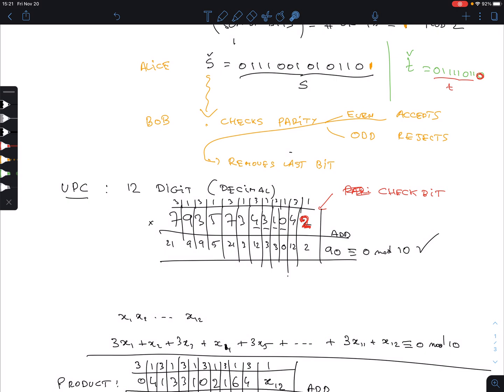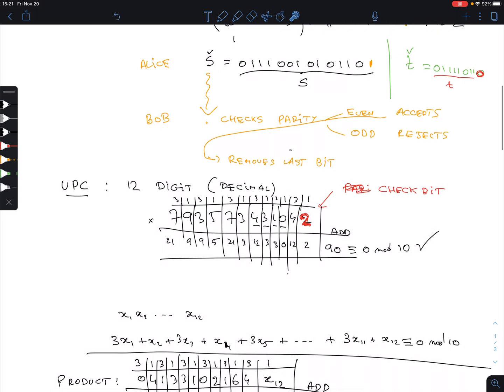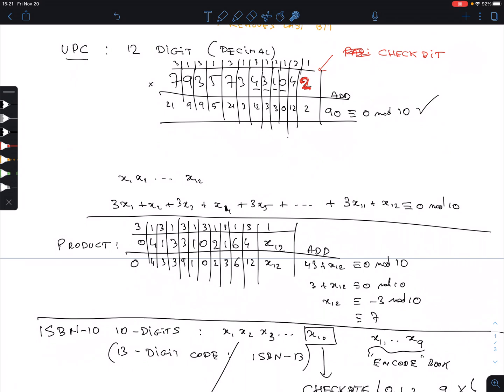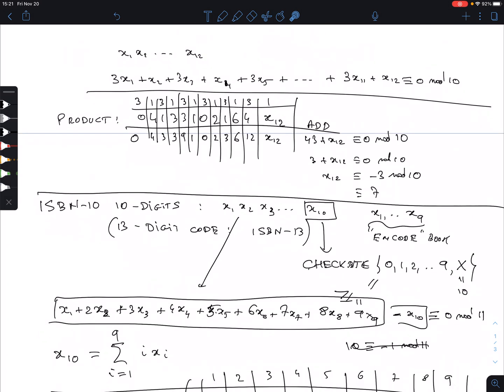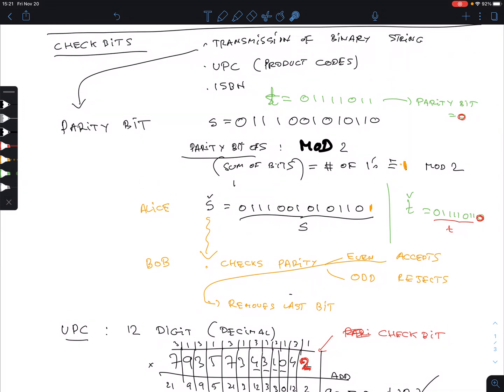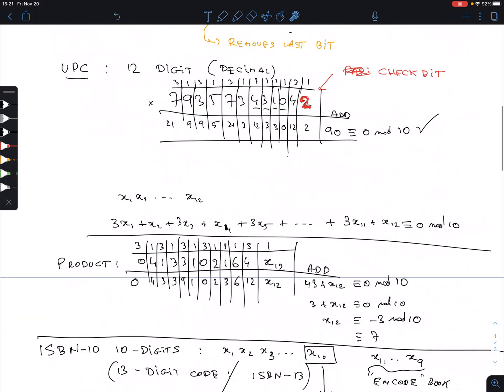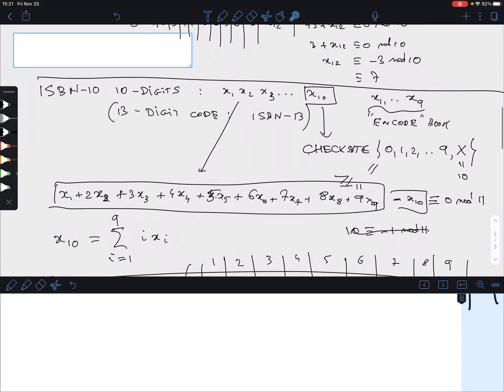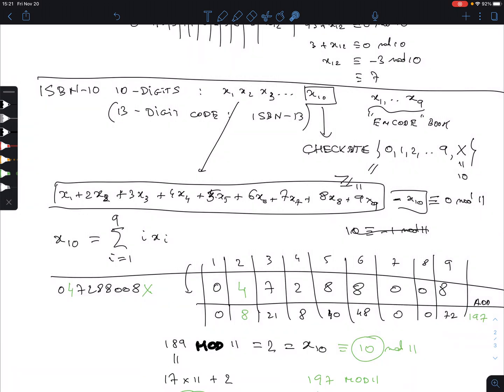And the same for the ISBN, because there every bit has a different weight. So we call these things weights, right? These are the numbers that we multiply by. Here it was 313131. Here it was 1 2 3 4 5 6 7. In the parity bit, it was 1 1 1 1 1. We took every bit at face value. So this does help checking whether a mistake was made, or perhaps even more mistakes can be detected here.